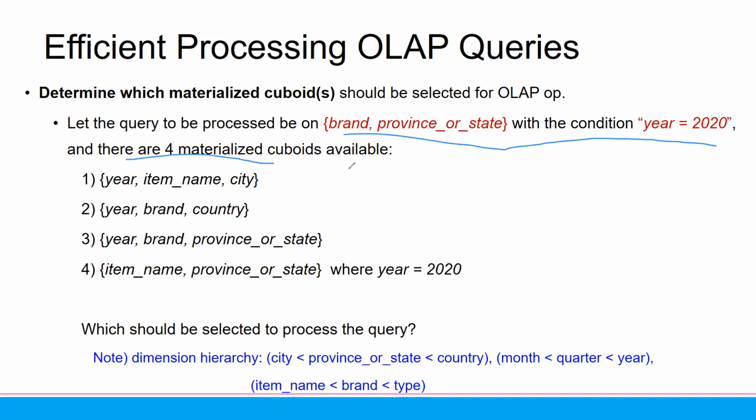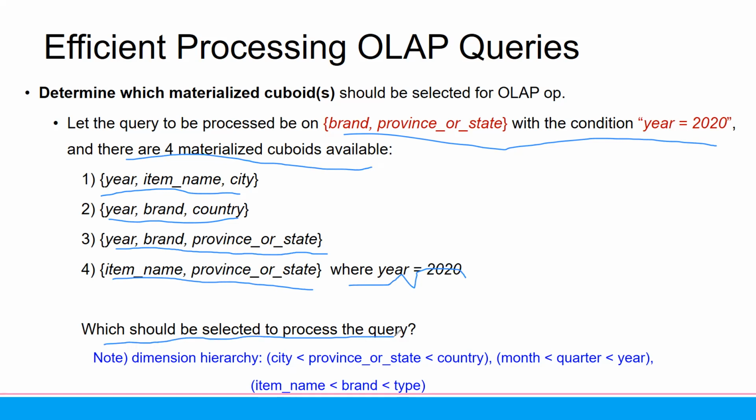Materialized cuboids in this data set mean year, item name, city; or year, brand, and country; or year, brand, province or state; or item name and province or state where year is 2020. So you can use these materialized cuboids, and we can explore more. Which should be selected to process the query?